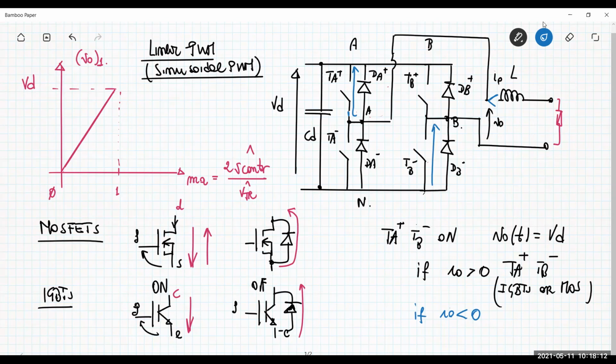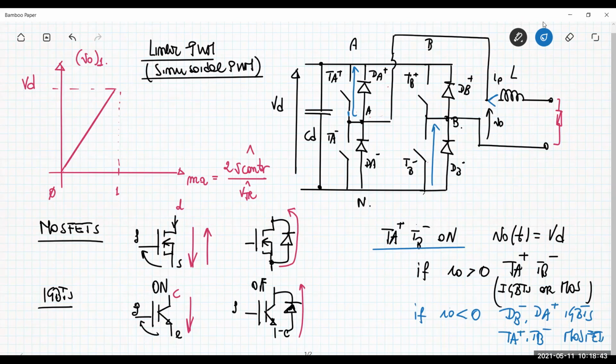So in that case, the current flows through dB minus and dA plus if you have IGBTs. What happens if you have MOSFETs? MOSFETs can support current flowing from the emitter to the collector when they are on, like in that situation. And so it is TA plus and TB minus if you have MOSFETs.